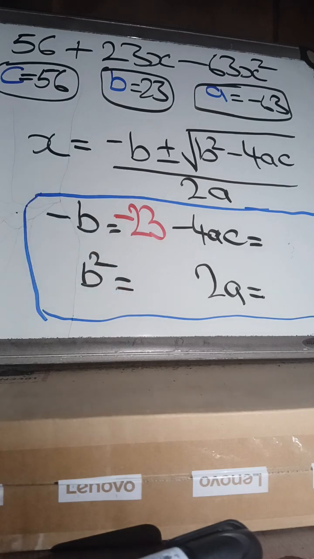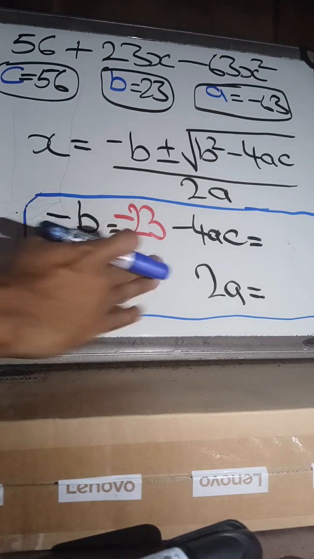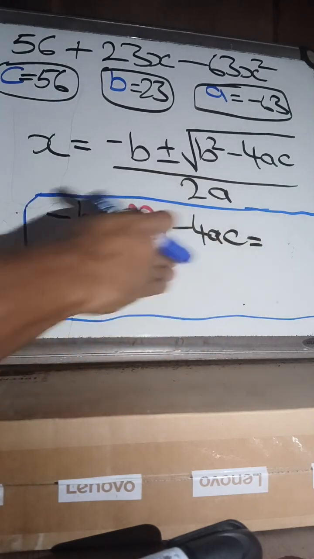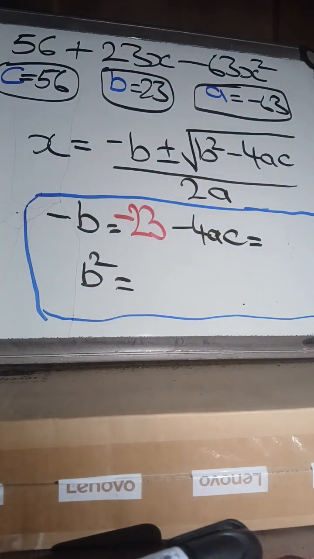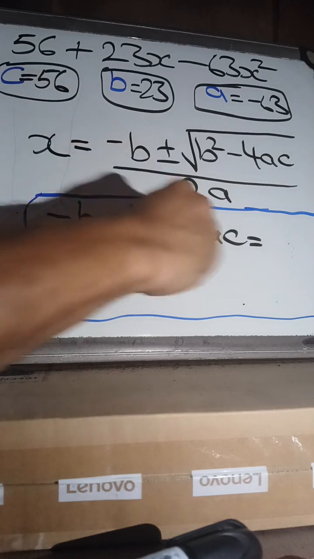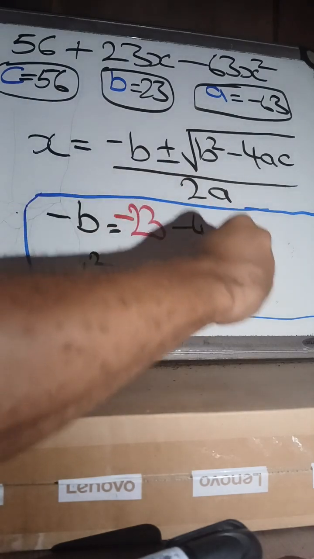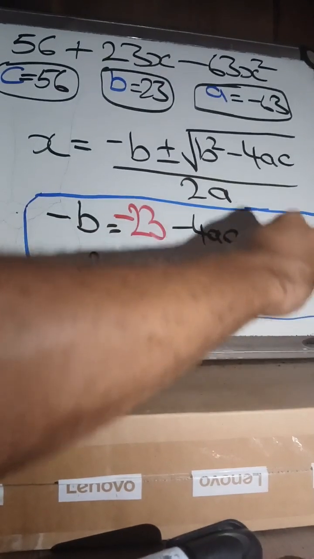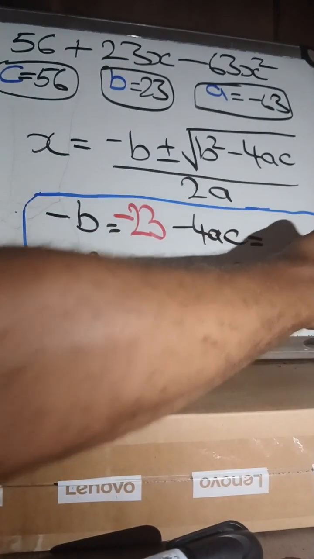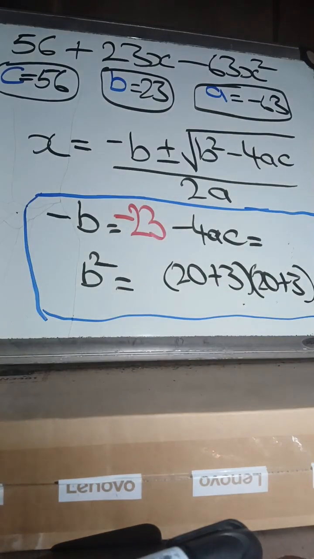Alright? So let me do that madness right here. Let's do it right in this little space, and then we can write that back. So we have 20 plus 3 times 20 plus 3.